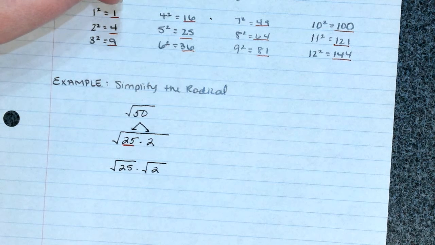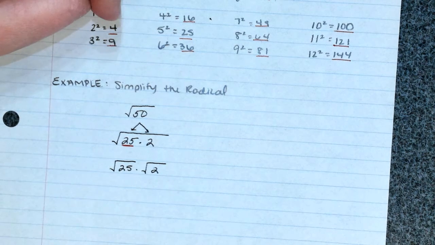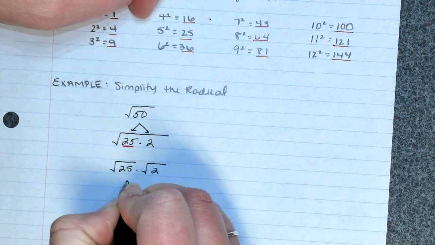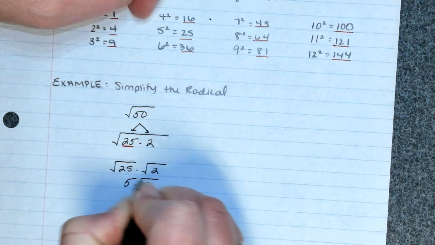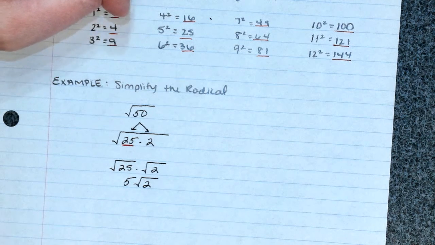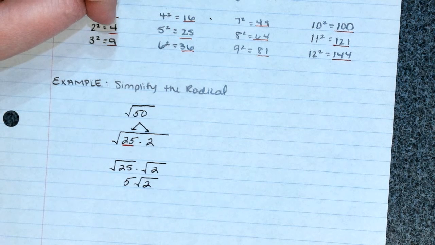Which then allows me to say, well, what is the square root of 25? 5. So the reason I picked a perfect square is because I know I'll be able to take the square root of it and I get an answer, a nice answer. So I have 5 square roots of 2. Okay.